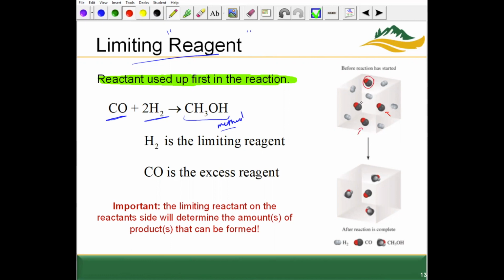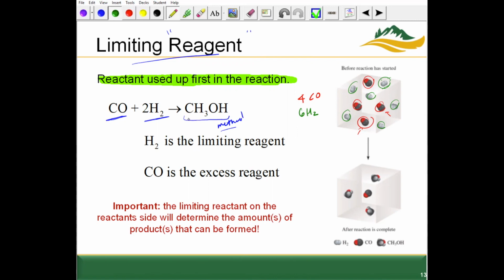So there are 1, 2, 3, 4 CO molecules. Then hydrogen gas is a diatomic, so you recognize this being 2 atoms of the same. So here's H2, there's 1, 2, 3, 4, 5, 6. So we have 4 CO molecules and 6 H2.